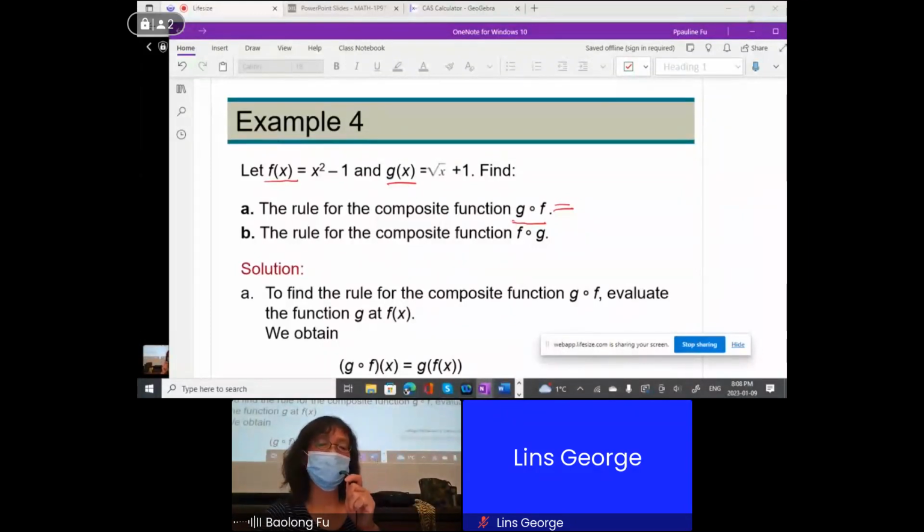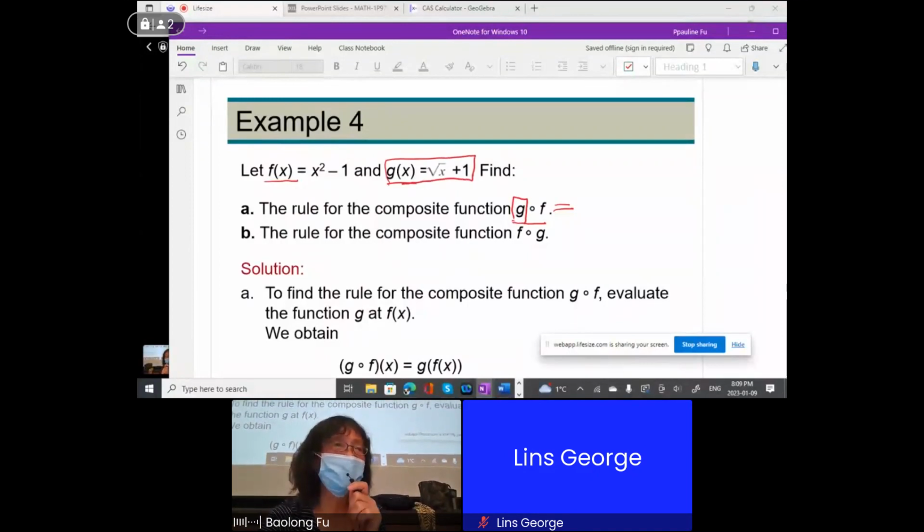I will try to go slow. You take a function g as a function. In function g, when you say x, you plug in f. This is g. Do you agree this is g? In g, you say this x. When you say this x, you plug in f(x) in this x.